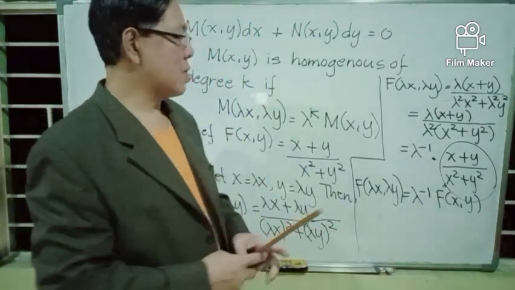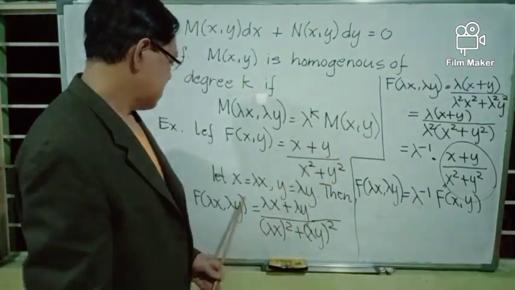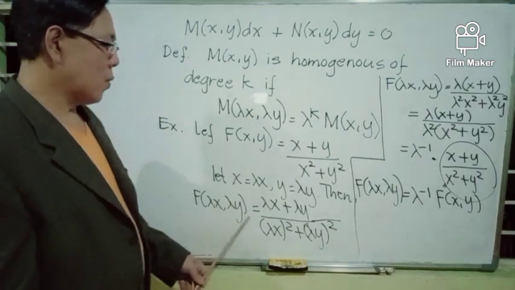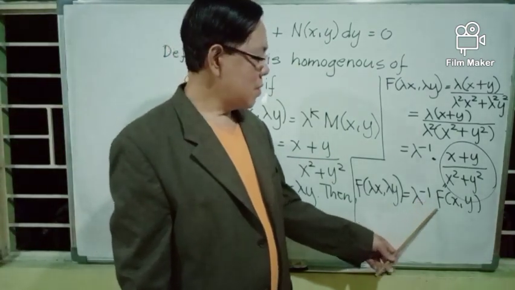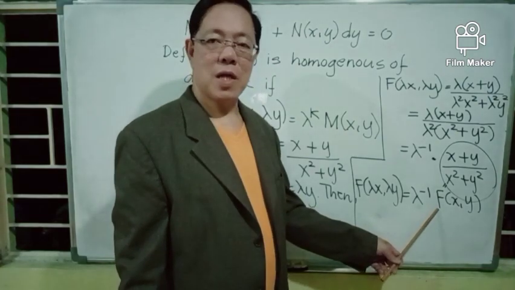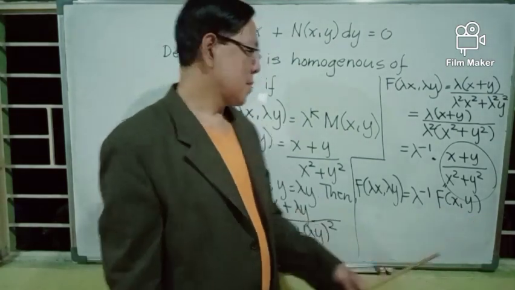Hence, we are able to write f of lambda x, lambda y as the product of lambda to some exponent multiplied by the given function f of x y.